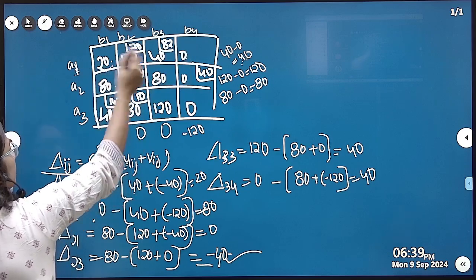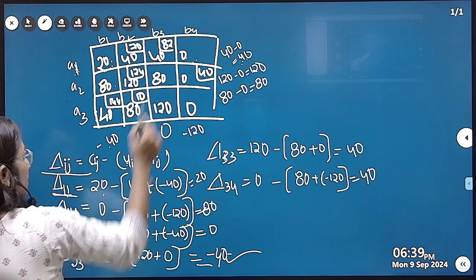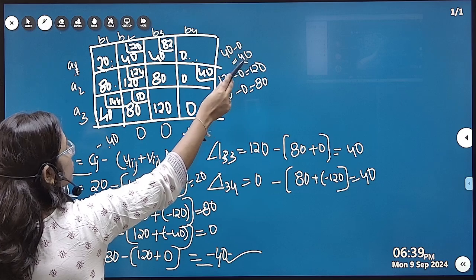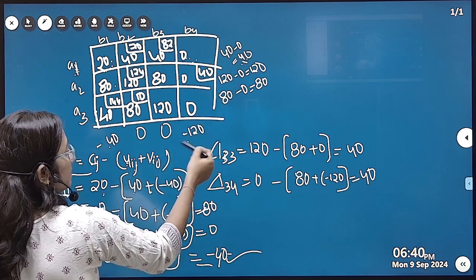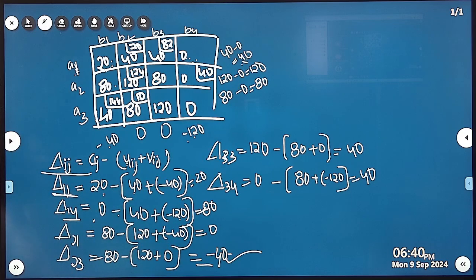So I have written 1 and 4, just 1 4. So 0 minus, now this 40 plus, in brackets minus 40, that gives minus 120. You can also write minus 120. So plus into minus is always minus, right? Okay, ma'am. Clear? Can I erase it?